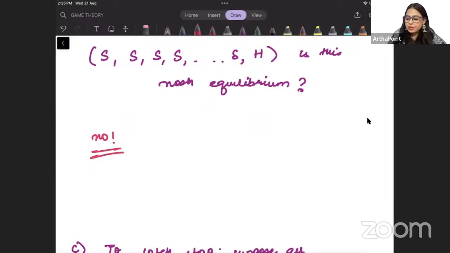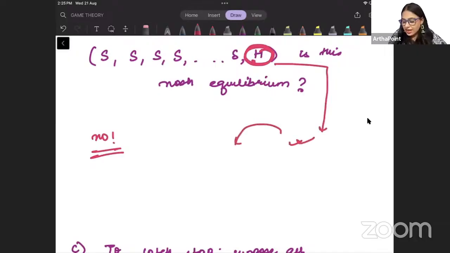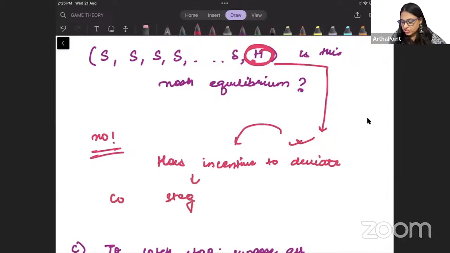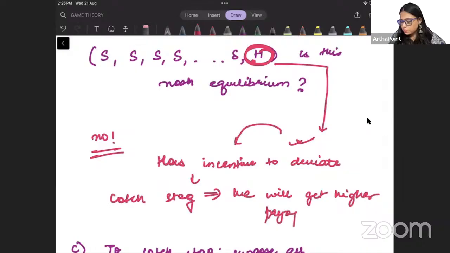Kyun? Because if I look at this last person, he is getting a hair, but he has incentive to deviate. Because if he deviates and helps others to catch a stag, then he will get a higher payoff, because others are catching stag.